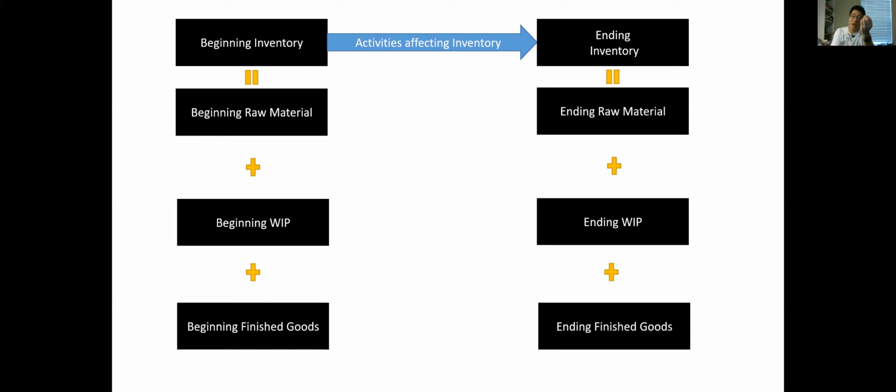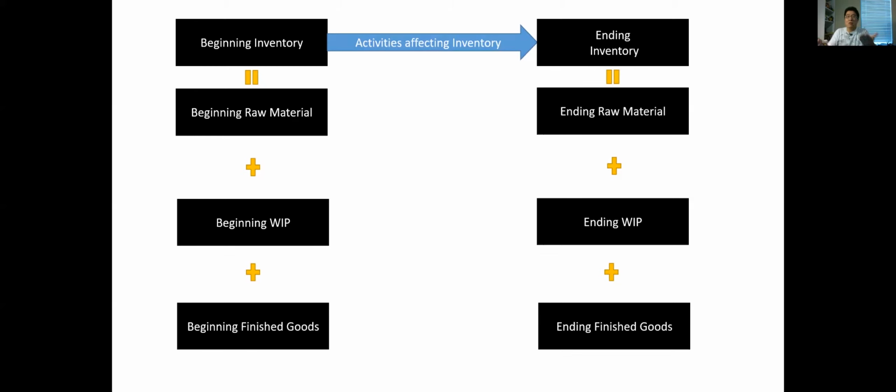On the other hand, if the ending inventory is less than the beginning inventory, meaning that a company consumed more than they bought, which might be a good thing. However, inventory has 3 categories at the most. And we can do the same thing for each category. We apply the same bone to each category, but they will have different meat because they're different accounts.